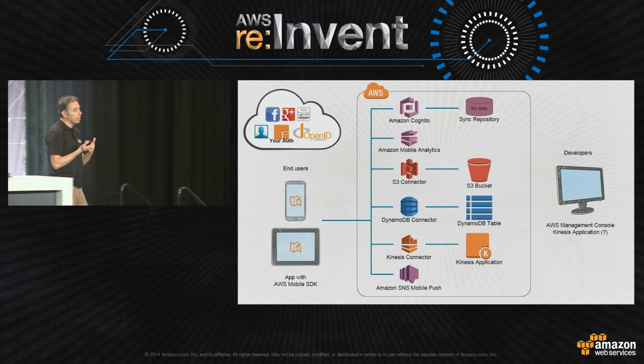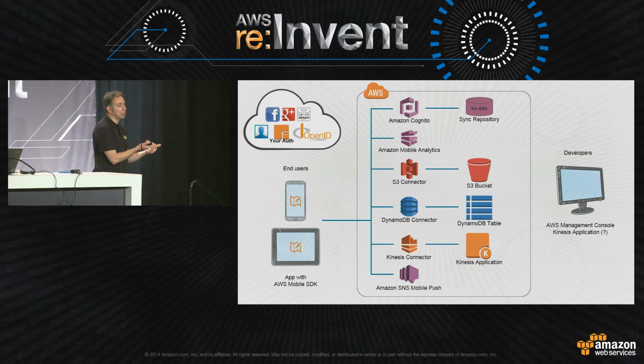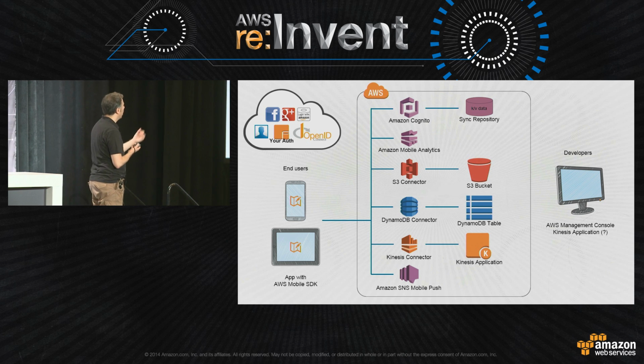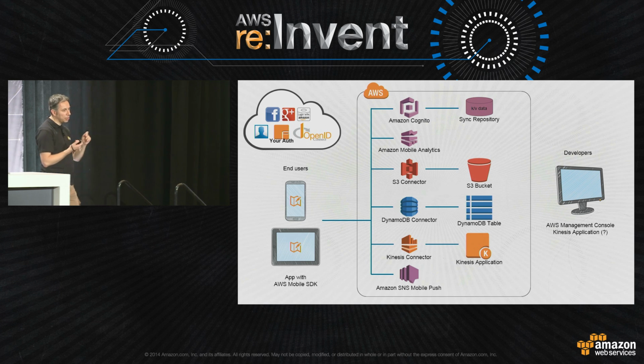I was streaming the location of the users, which you can maybe use to send messages back and engage the user, and any crash dump that you have in your application, and SNS mobile push to self-register the device to receive notifications.